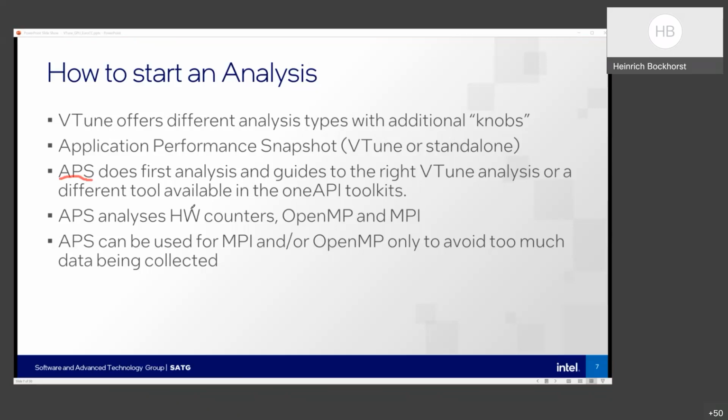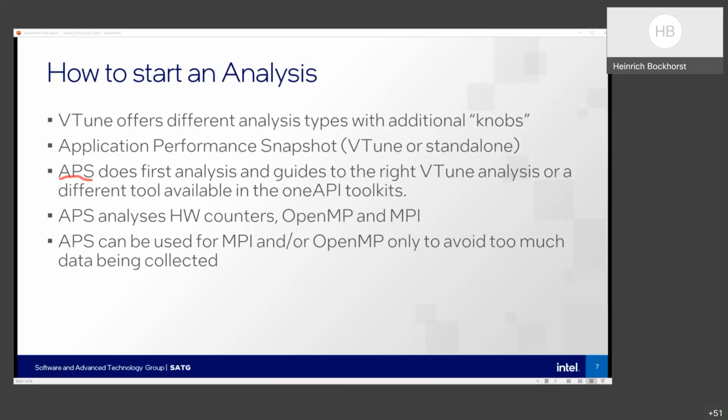APS does the first analysis over the whole application and gives a summary output of how your application does and which features of your application are not running sufficiently, so you should have a look at it with another VTune analysis, or even use another tool. For example, when you have an MPI analysis, you might consider using iTech for more insight.